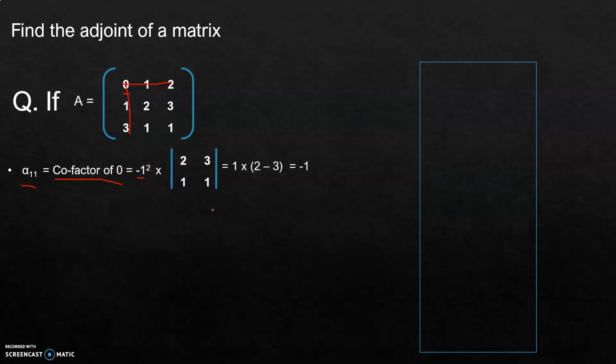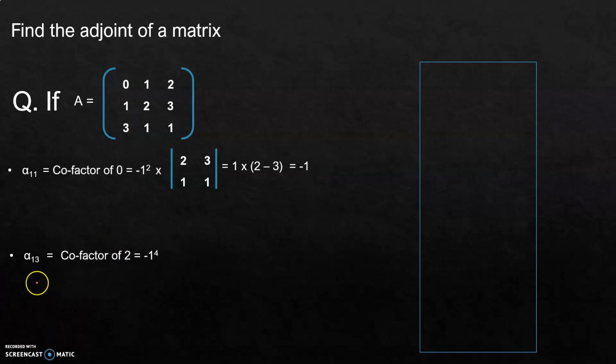So that is equal to 1, since minus 1 whole square is 1, into its determinant value, which is 2 into 1 minus 3 into 1. That is 1 into minus 1, equal to minus 1. So the first cofactor is over. We calculated the cofactor of the first element.